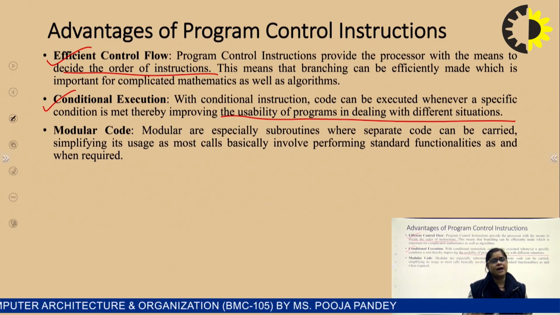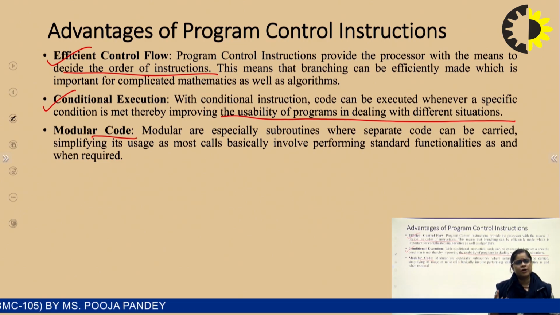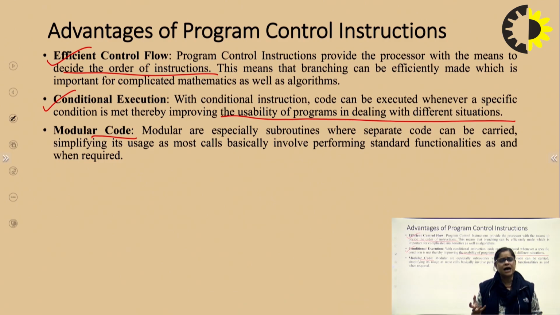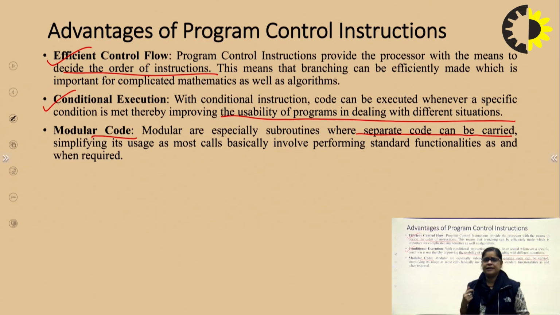Now the third is modular code. What do we mean by modular? Modules are especially subroutines. Modular code means small parts of the program, or small modules, where separate code can be carried and called by specifying its usage.